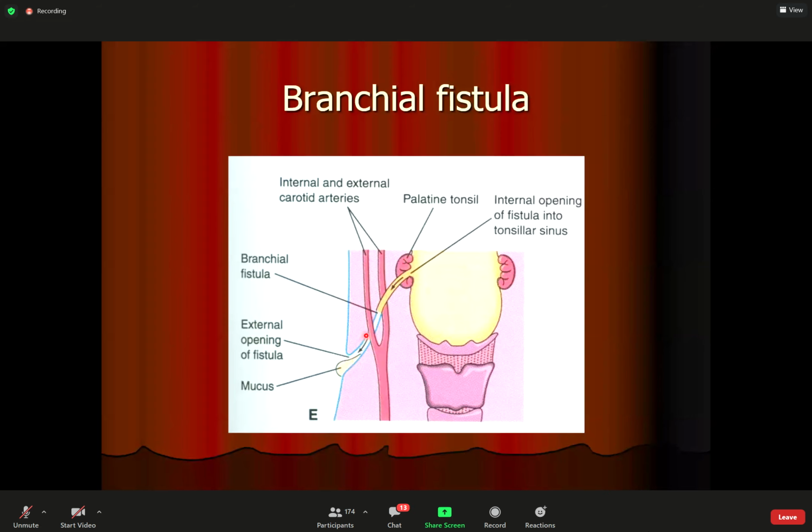If you are pressing the neck, you are very close to the pouch. What pouch are we talking about? Pharyngeal pouch number 2 is very close. So that's why, in case of a problem, an internal fistula into the tonsillar sinus is related to the neck area, and we call it a branchial fistula.